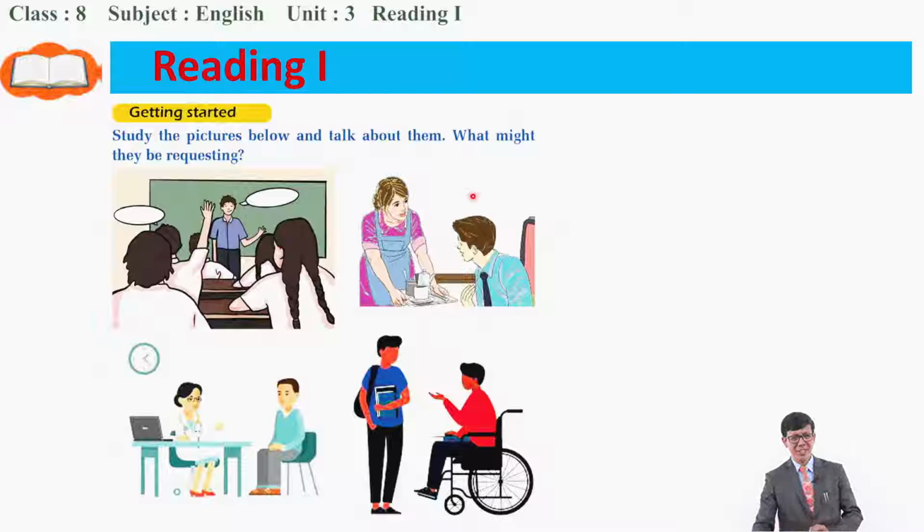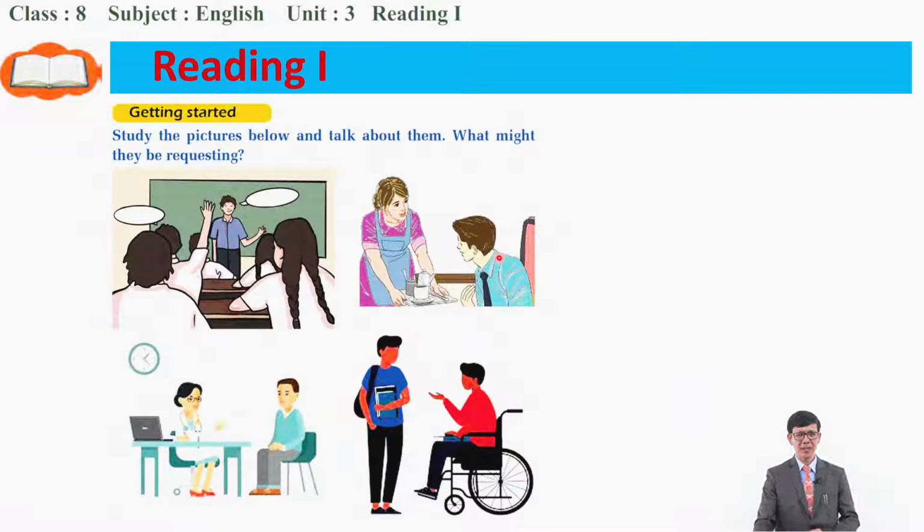And what about the second picture? You can just imagine, guess, what they might be doing there. Maybe the waiter is taking an order from the guest. You can see there, he might be a waiter and he is taking an order from the guest.